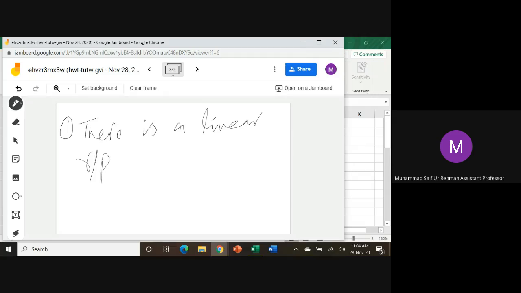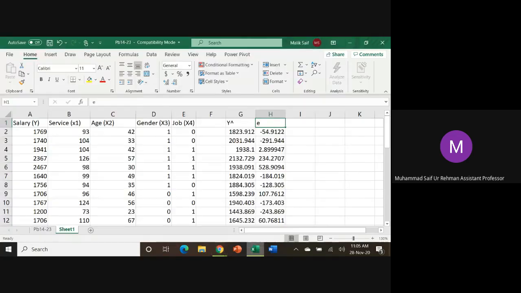Whether there is a linear relationship or not, you can know this taking into your account the scattergram or scatter diagram. If you take the scatter diagram into account, you will be able to know whether the relationship is linear or not.